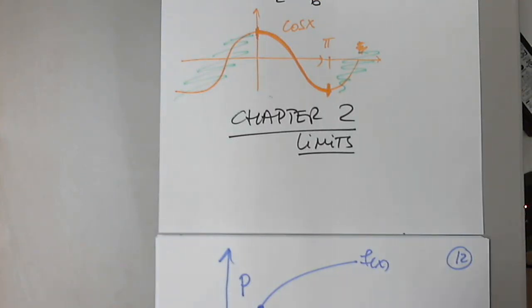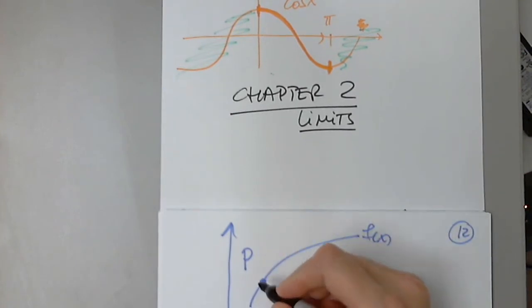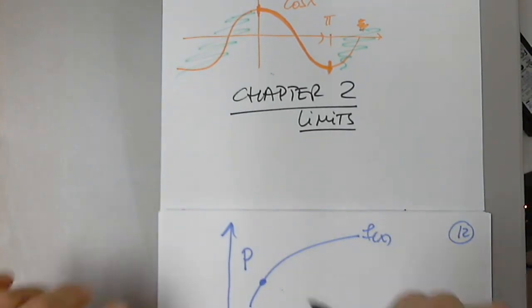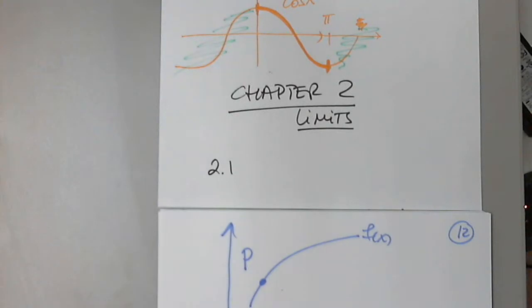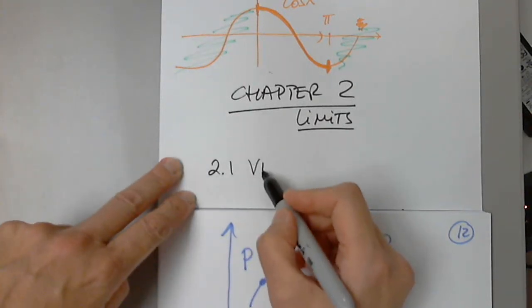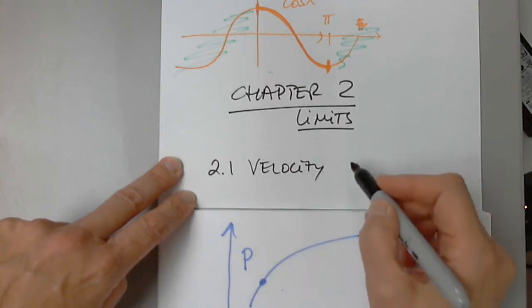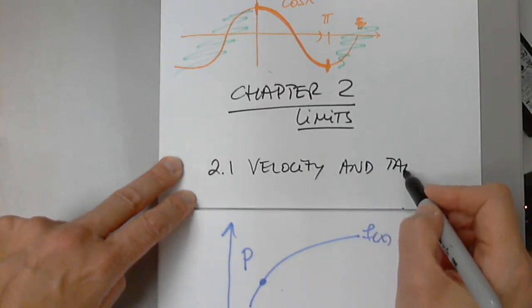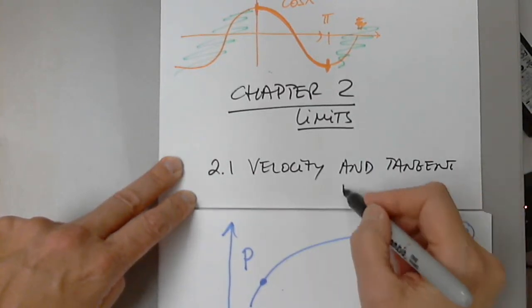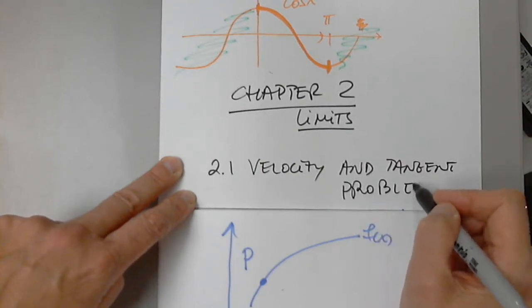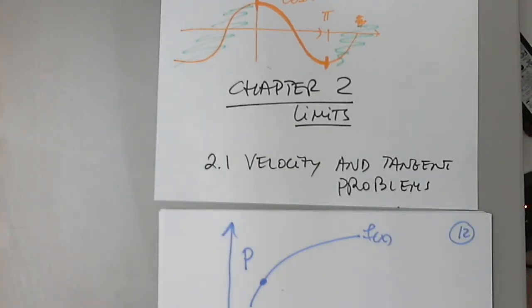And two questions we have in this first section, 2.1. It's called velocity and tangent problems.